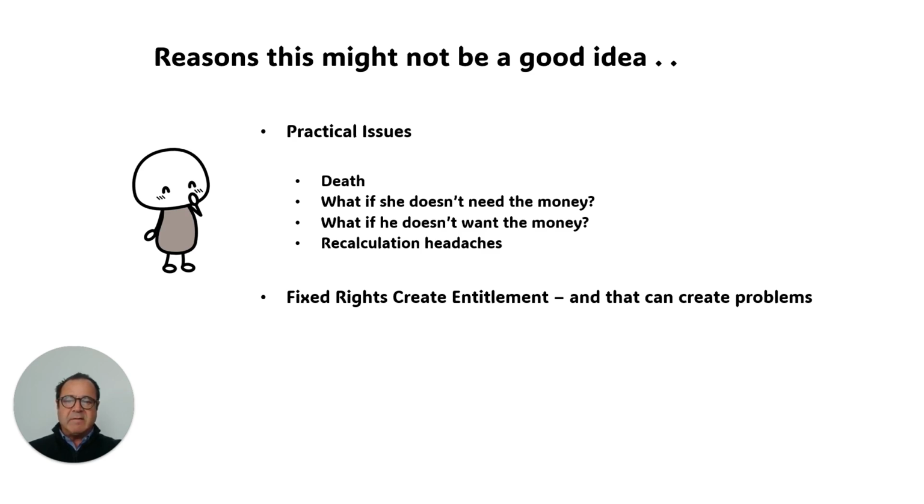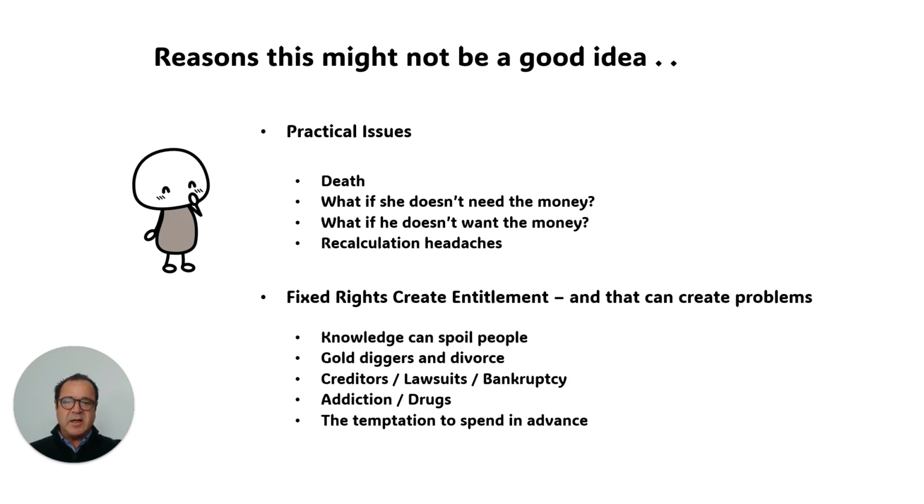When people have a fixed entitlement, or I should say fixed future entitlement, because until they reach 25, they don't actually have any entitlement. But when they have this fixed future entitlement, it creates problems. The first problem that very often people express to us is the fact that knowledge can spoil people.